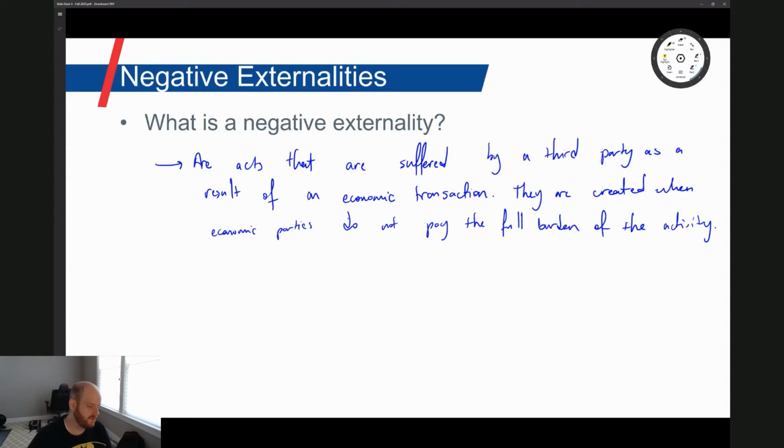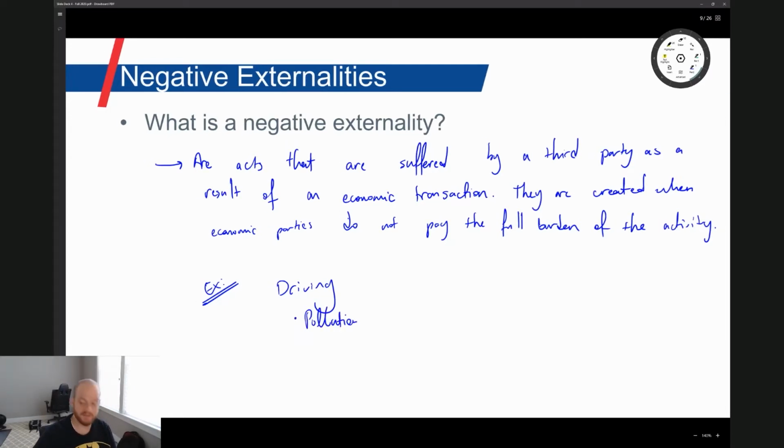Now, what is an example of a negative externality? Let's think about the activity of driving, right? Driving creates pollution.